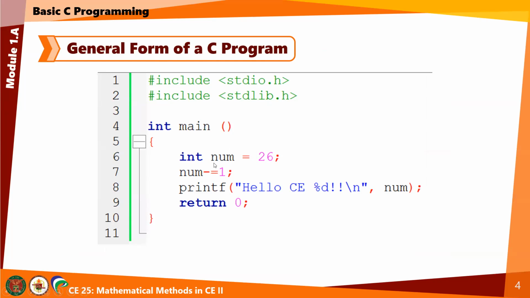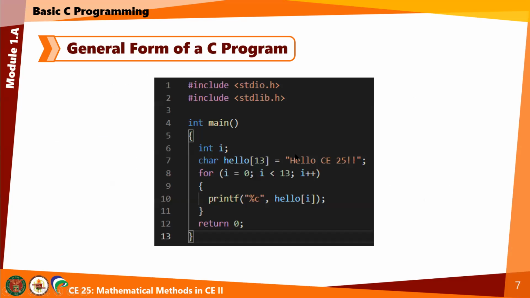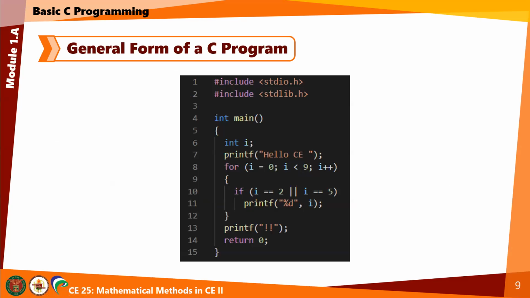Ito rin, assignment din ito, but in this case, shortcut siya. So it assigns num minus 1 to the right value. Anong difference doon sa double equal sign? In this case, this doesn't change the value of i.